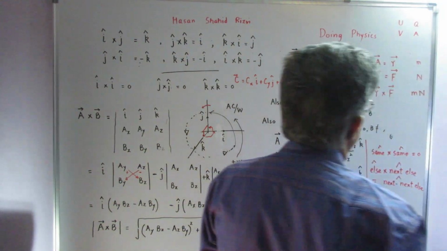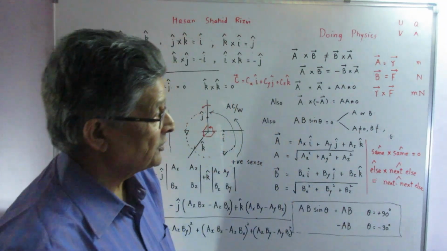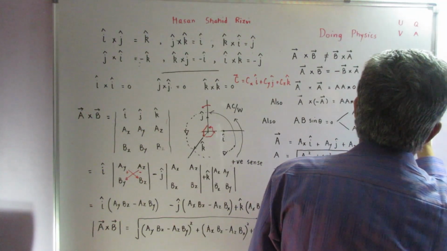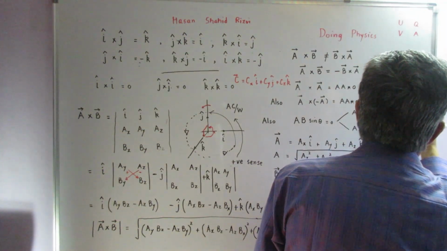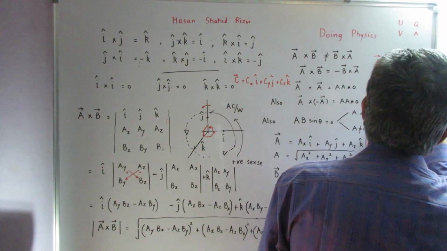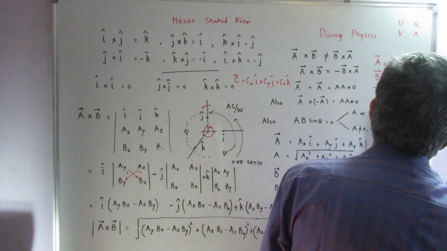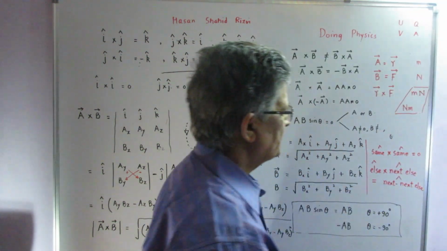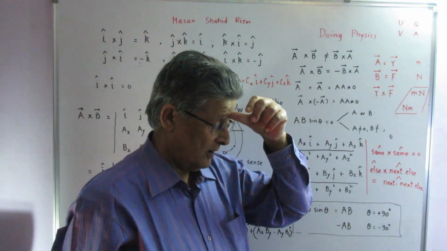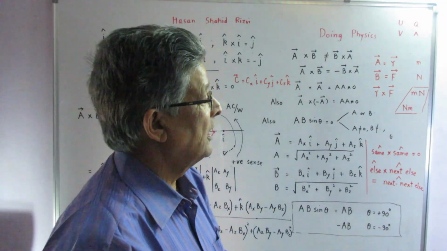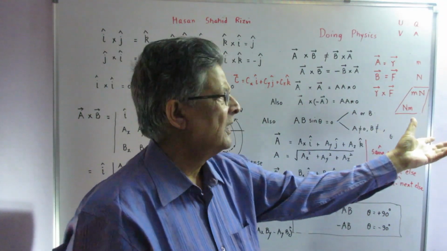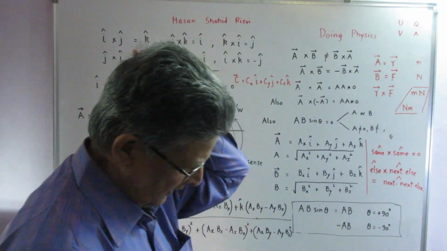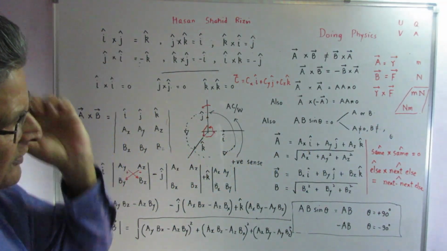Here I just want to discuss, to wind up this lecture, that Newton meter is different from meter Newton, in the sense that Newton meter is actually the unit of work done, and meter Newton is the unit of torque. Work done has another unit, joules.